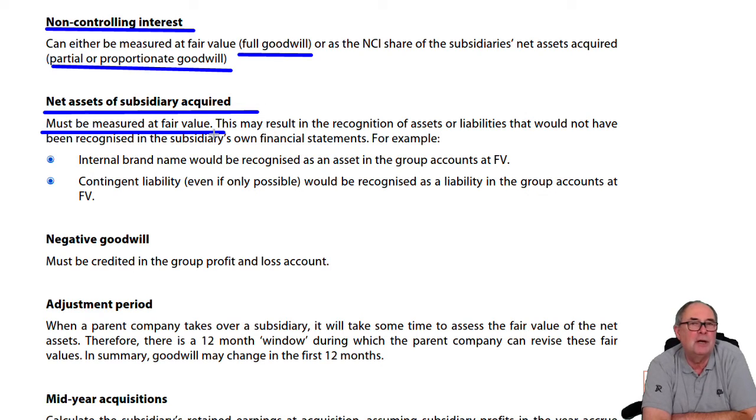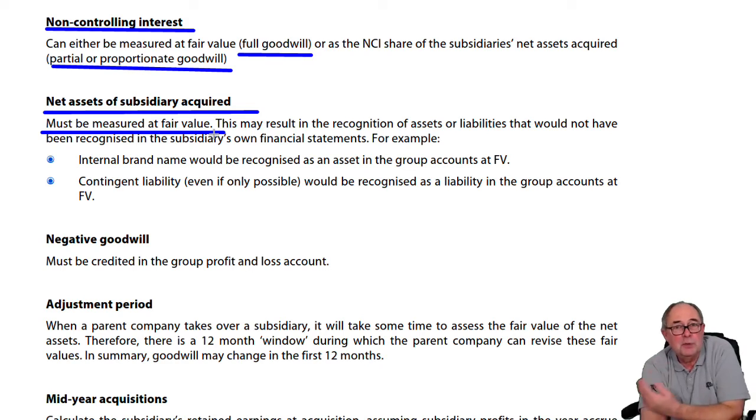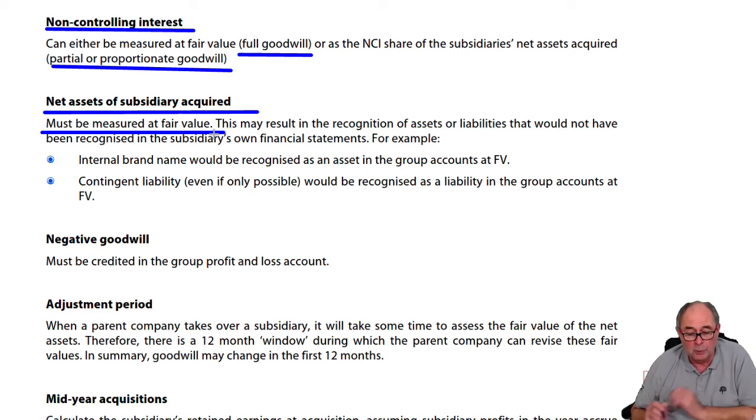So if you took over a training company, its brand name, like Kaplan or BPP, would be identifiable. Its contracts with customers would be identifiable. So in theory, goodwill ought to be a very, very small number. But what it does mean is that all sorts of things will be recognised in the group accounts that wouldn't otherwise.